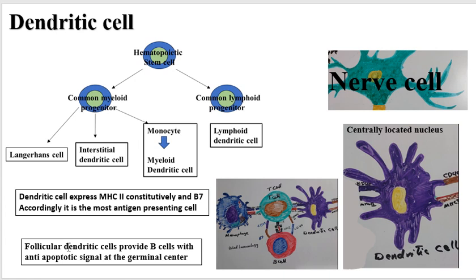It is present within the germinal center or follicles, and it has no phagocytic activity. Follicular dendritic cells do not express major histocompatibility, but they provide B cell with anti-apoptotic signal at the germinal center.